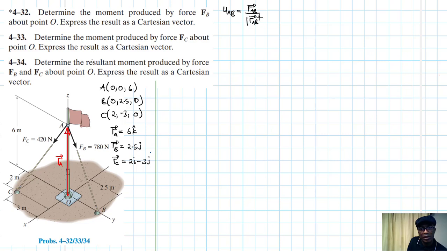This is equal to B minus A: 0 minus 0 is 0, 2.5 minus 0 is 2.5J, and then 0 minus 6 is just minus 6K. And then for the magnitude of this, just grab your calculator, use Pythagoras: 2.5 squared plus 6 squared, square root of that, that's 6.5. We found the unit vector for direction AB.